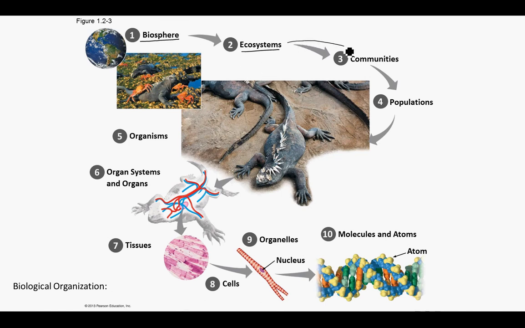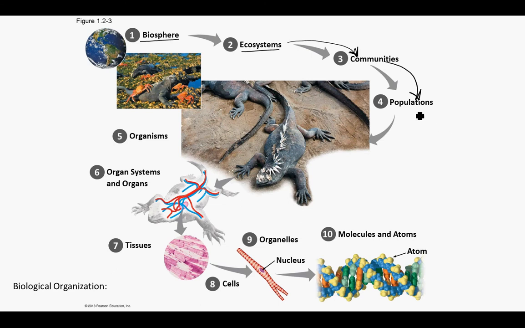Ecosystems can then be divided into communities of organisms, and these communities of organisms are different organisms that depend on the same sort of food and land structures in order to survive. Again, the species in these communities are all different. And then from communities, we go to population.